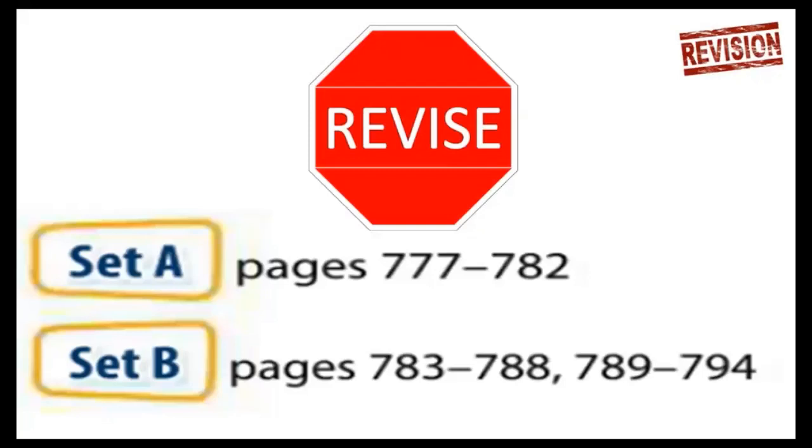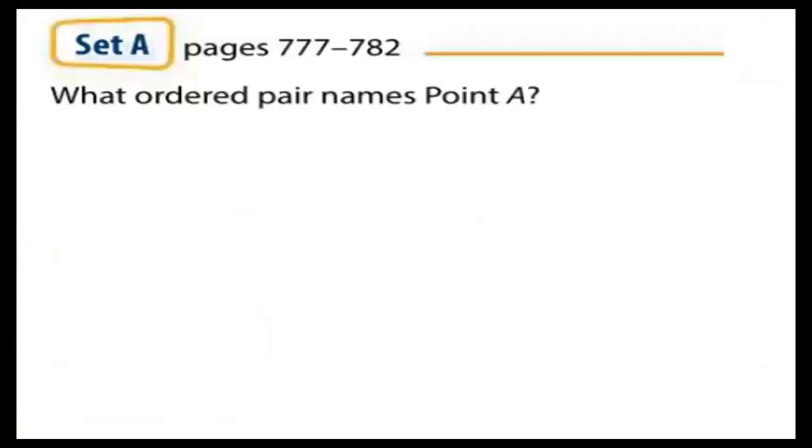These are the points we are going to cover today. Directly, we are going to start on page 803, reteaching topic 14, with set A, which covers pages 777 to 782.